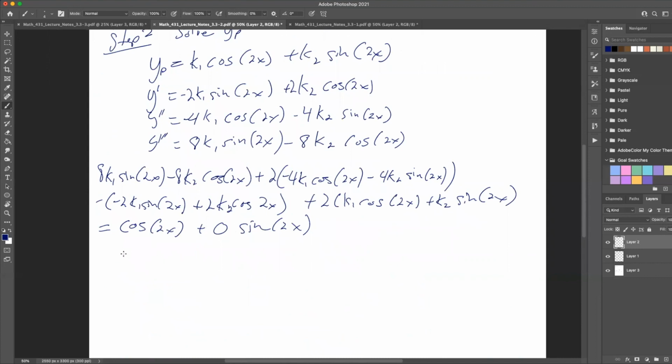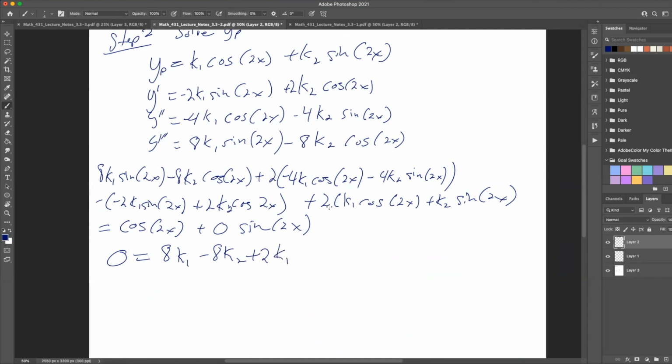So I have 0 on my sine, so we're going to collect all my sines. So here I have 8k1, minus 8k2. And here I'll have a sine, and so this is minus and minus, so that'll be plus 2k1.